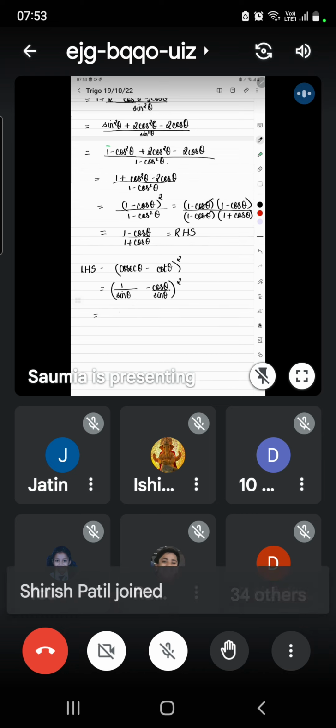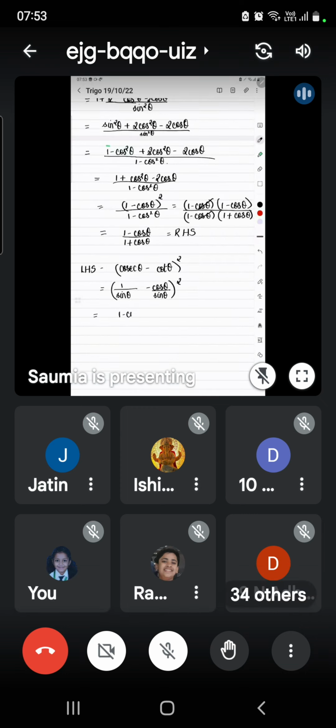Now, these are two fractions with the same denominator, so I can write them like this, the whole square. So now I'll write 1 minus cos theta the whole square upon sine square theta. Now, do it in the same way.